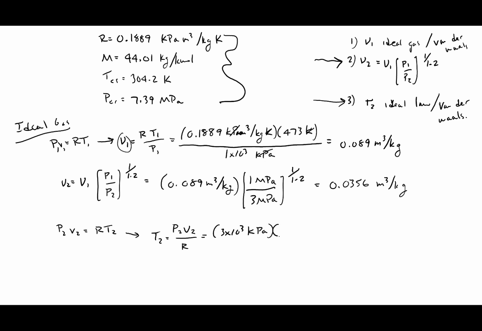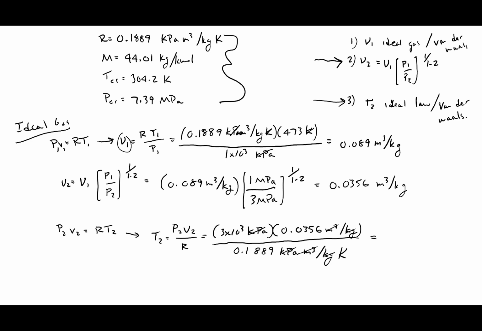We want it in kilopascals because our gas constant has kilopascals in its units. This is multiplied by V2, which is 0.0356 meters cubed per kilogram, divided by the gas constant, which is 0.1889 kilopascal meters cubed per kilogram Kelvin. Now let's cancel out some units. The kilopascals cancel, meters cubed cancels, kilograms cancel, and we're left with Kelvin, which is what we want because we're looking for a temperature.